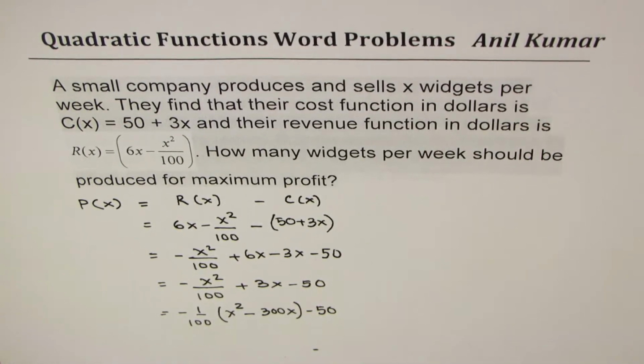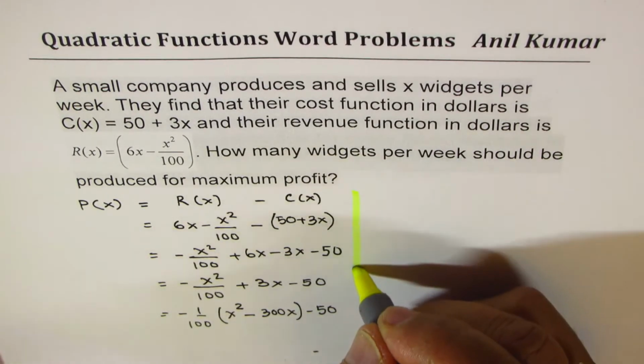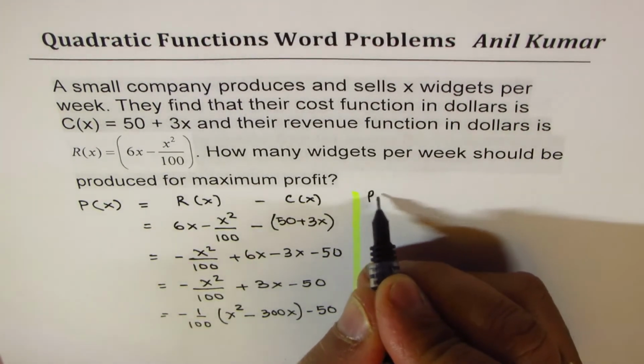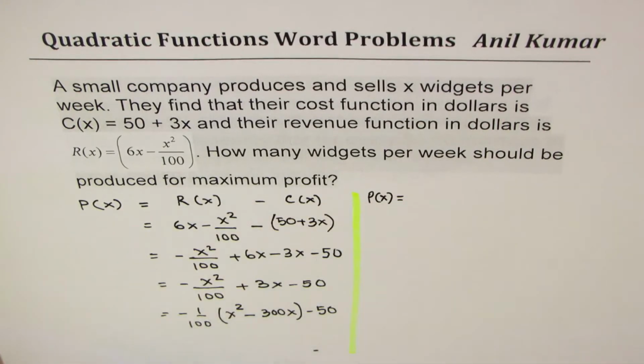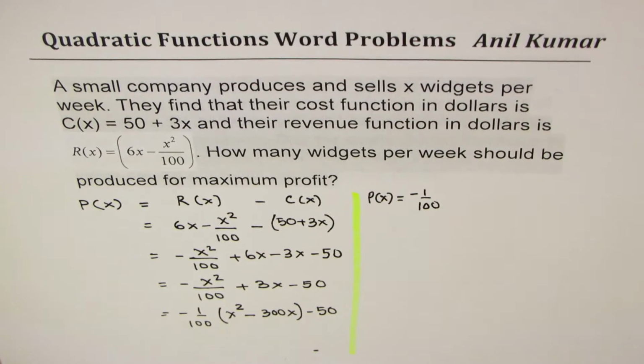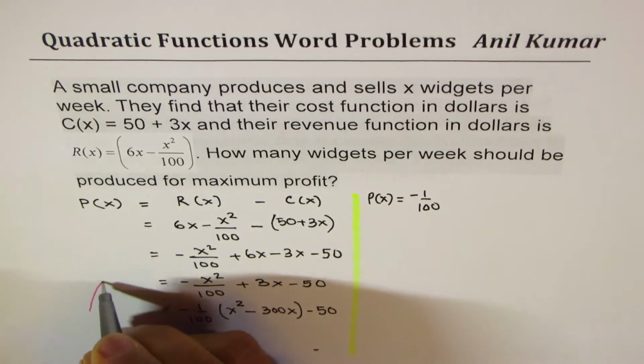So now we'll follow the steps for completing the squares and then find maximum profit in this particular case. So we can write profit will be equal to minus, which means maximum, since the parabola related to this function, that negative makes it go like this, correct?